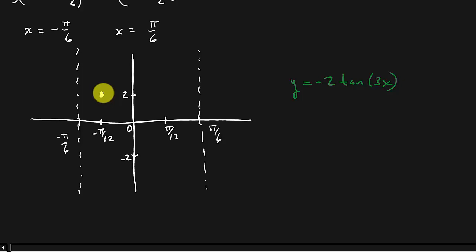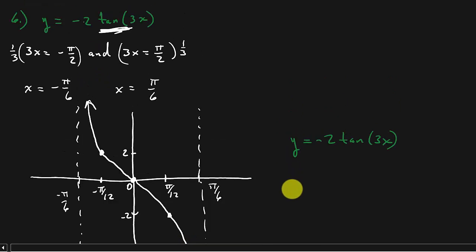Just like when you're graphing sine and cosine, if you have a negative in front of the sine or cosine, it's the same thing. Then it goes to 0, and normally tangent would go up here, but because of the negative, that's going to flip it down here. And so this is our graph.